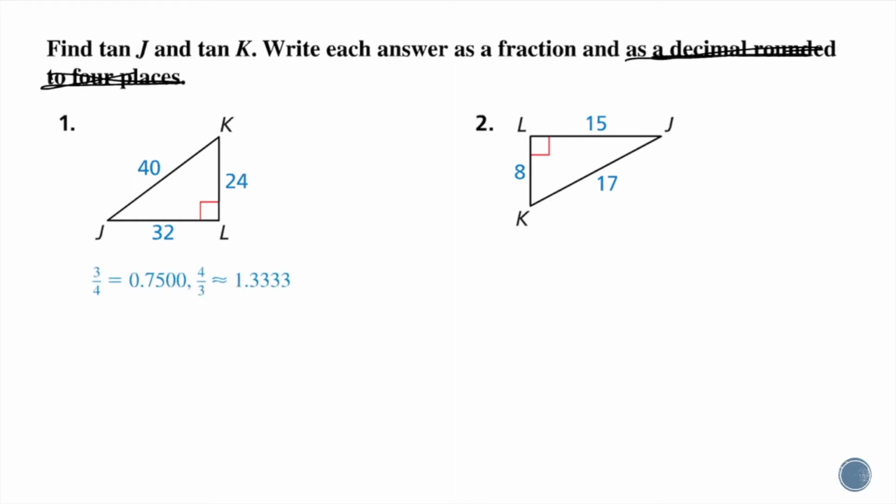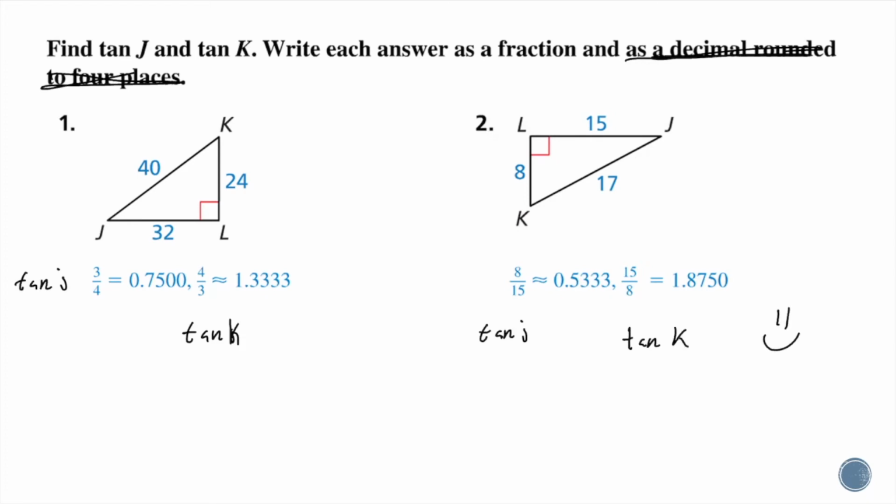Hopefully you found that it was 3/4 for tan of J, and 4/3 for tan of K. For the second one, 8/15 for tangent of J, and 15/8 for tan of K. Great, hopefully you got that.